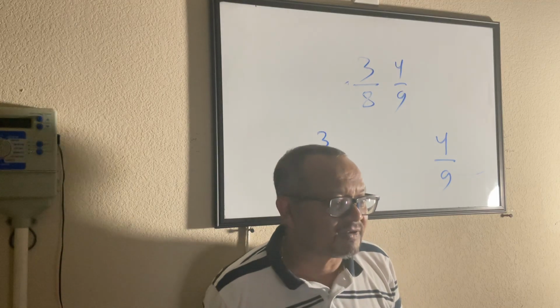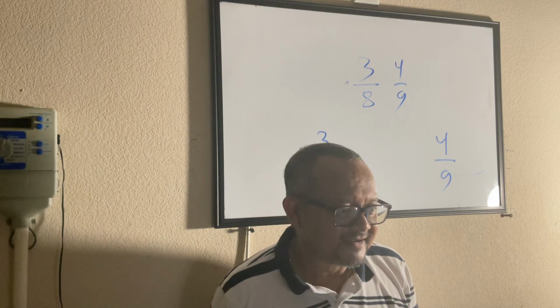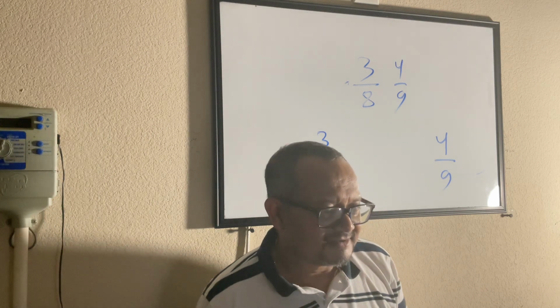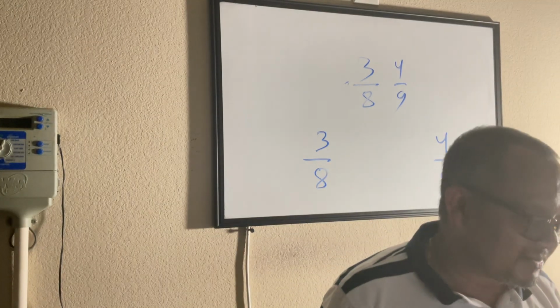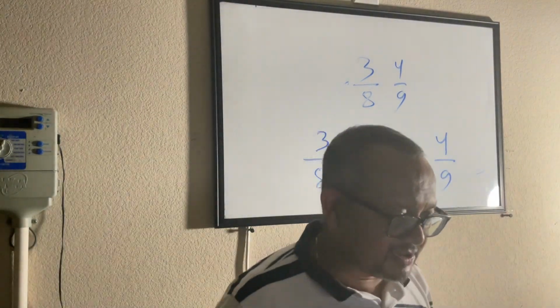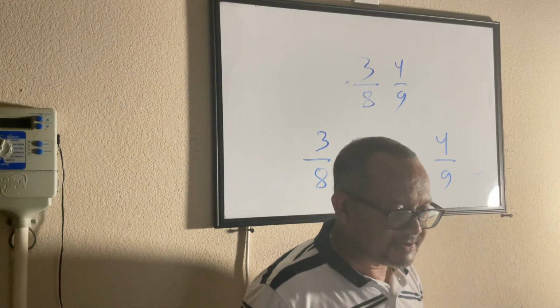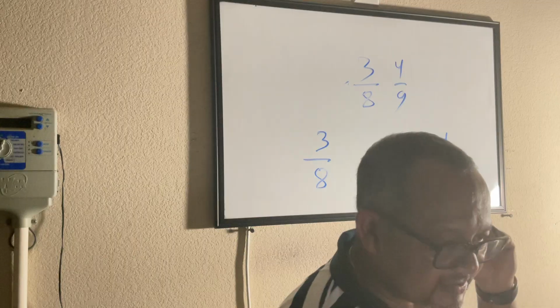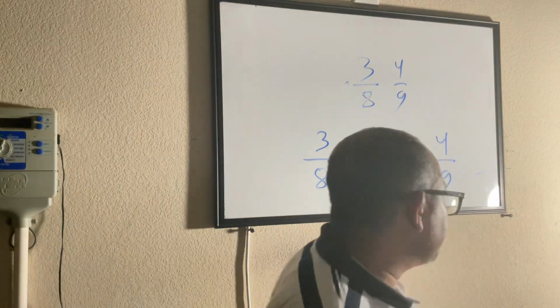Who remembers what is equivalent fraction? Sanvi? Multiply and divide by the same number. Anita, same statement? The fractions that have the same value. Same value. And how do you get that?